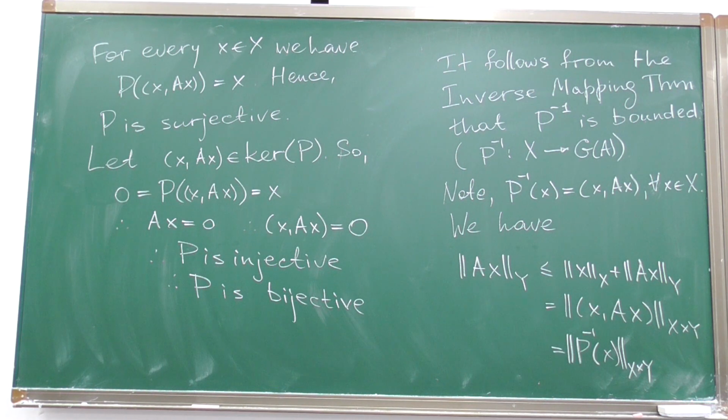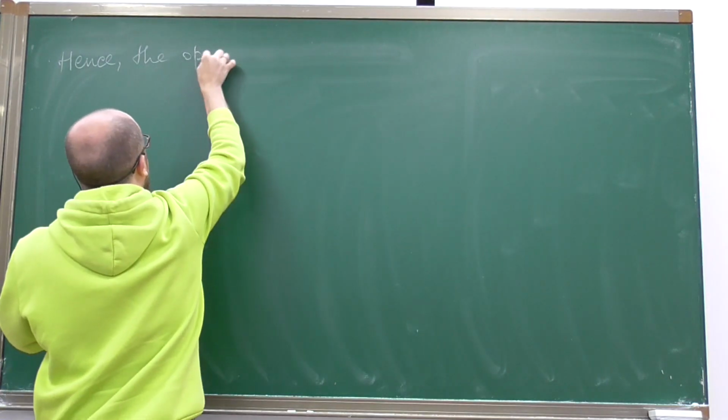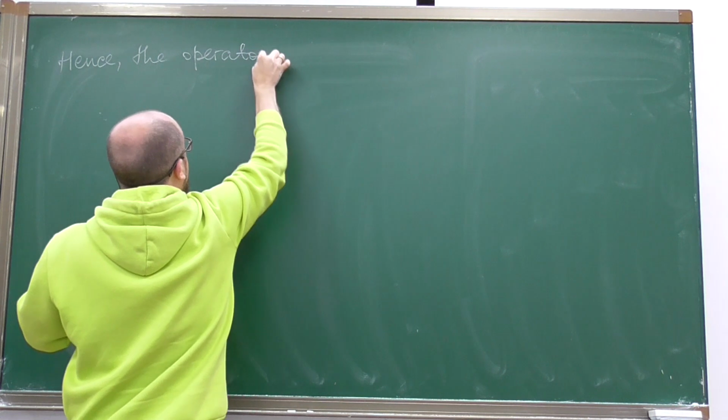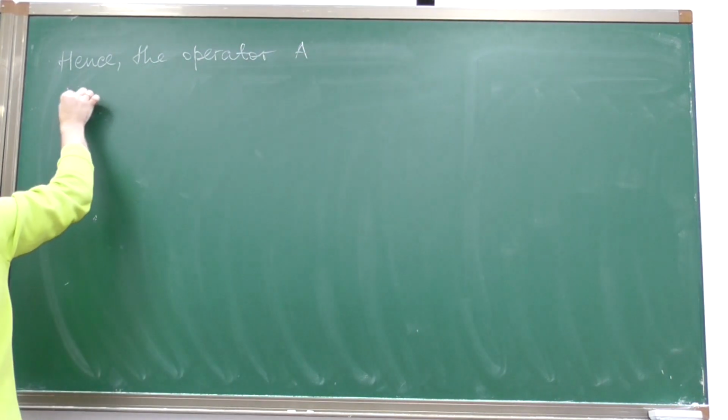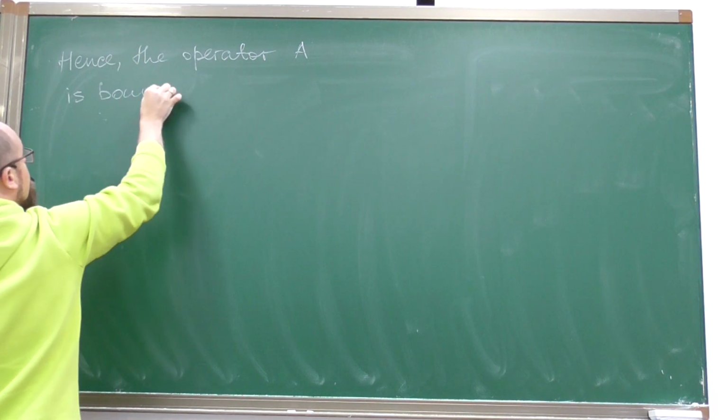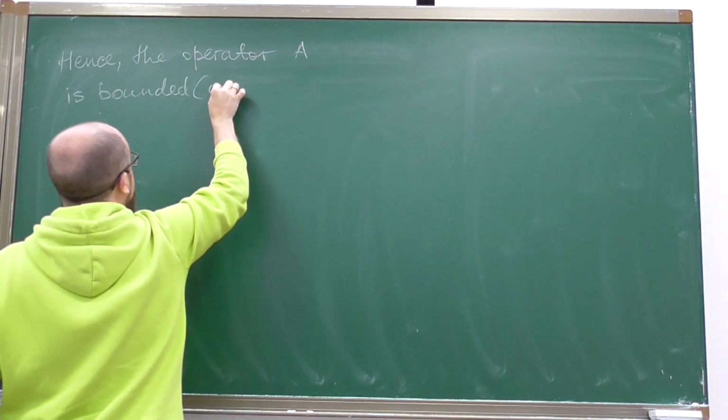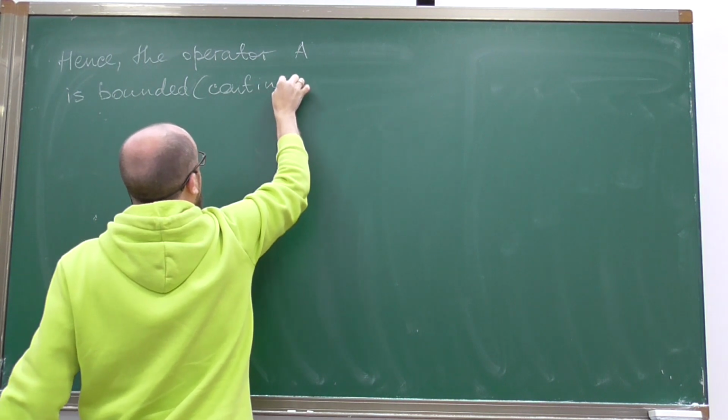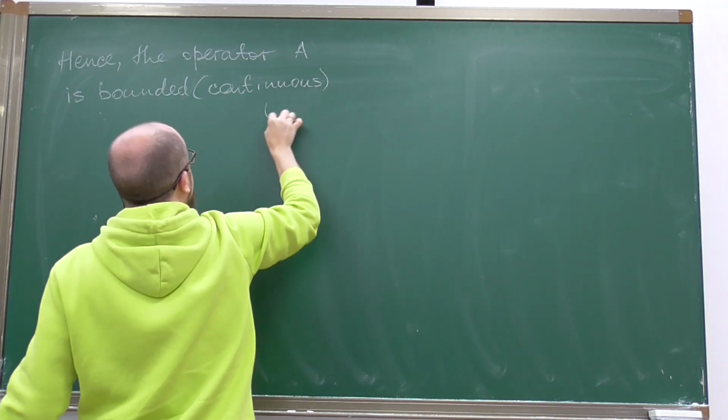But P inverse is a bounded linear operator. So this is less than or equal to the norm of P inverse times the norm of x in X. Which means that A is bounded, or continuous, because these two properties are equivalent. The operator A is bounded, or continuous. And we're done.